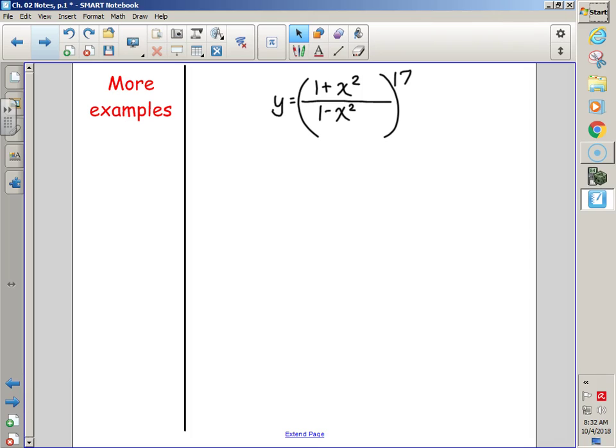Why are you doing the quotient rule first? Because I want to be able to break down the power after. She's thinking u to the 17th. And what's the derivative of u to the 17th? Shh, go. Times u prime. So, Janelle, you could label it u prime equals, right?